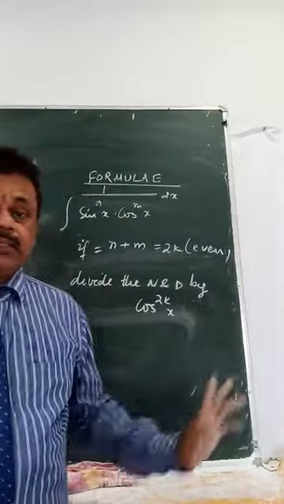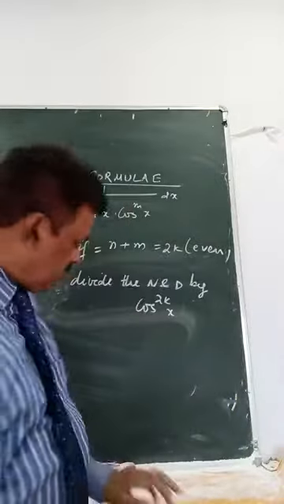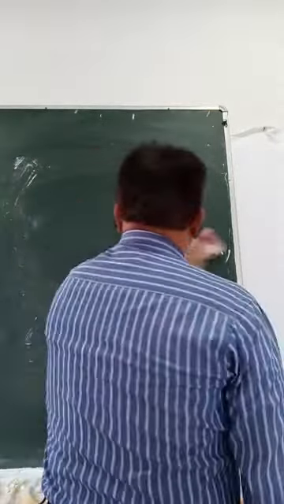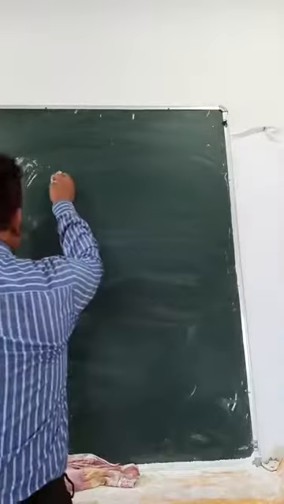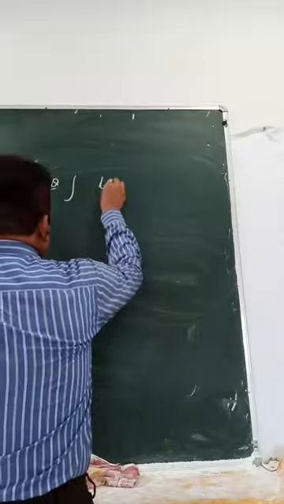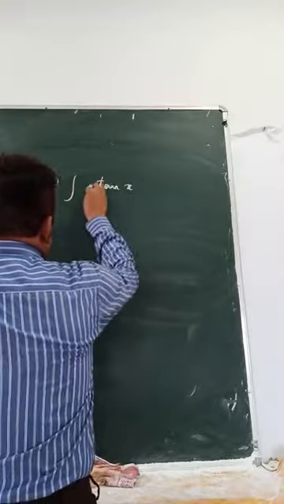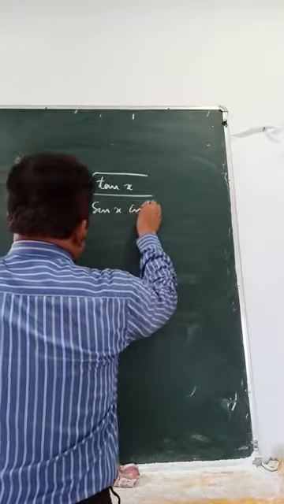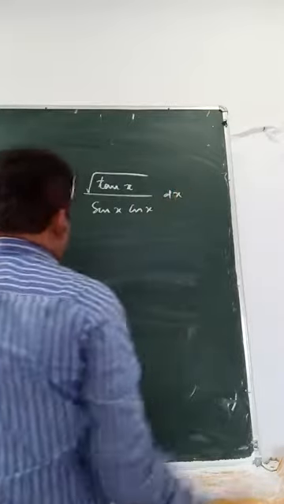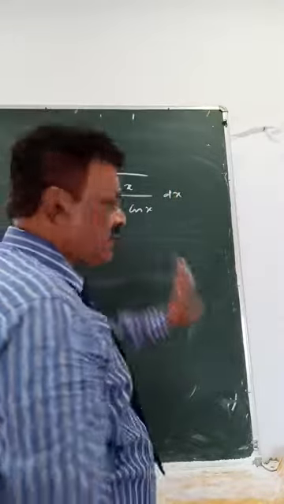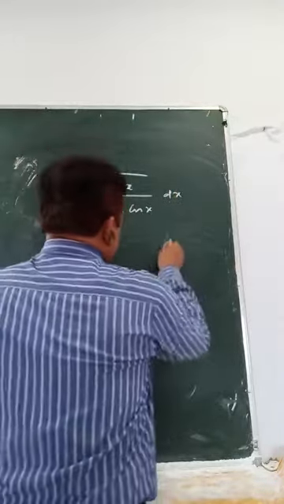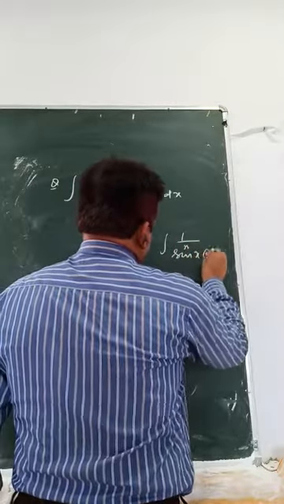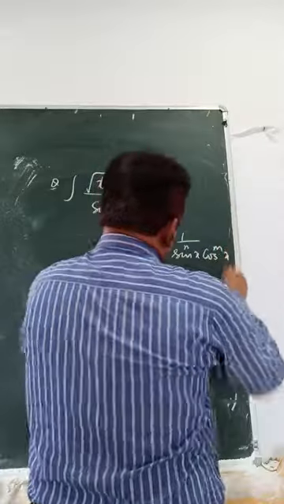Based on this, there are 3 questions that you see. The first question is root of tan x over sin x cos x. But I did not give the formula like this. I gave you the formula in this way: 1 by sin^n x cos^m x, meaning your numerator should be 1.